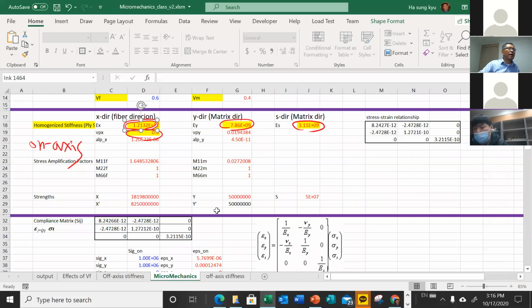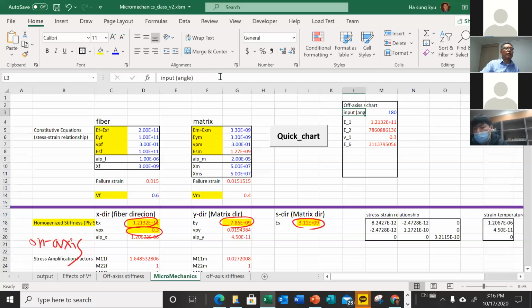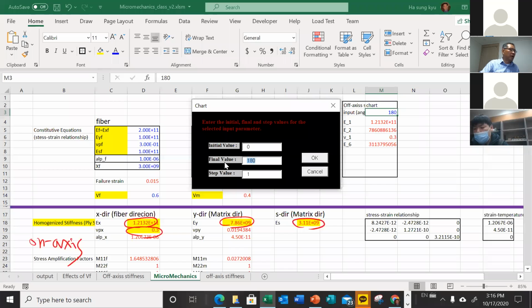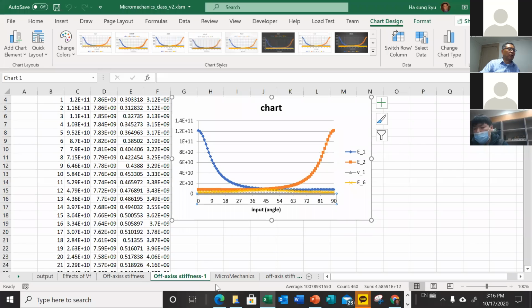So you can go back, and here, say OVX is stiffness, I'll say a different number, 1, and then replot from 0 to 90 degrees, every angle 1. And now we have a different worksheet.